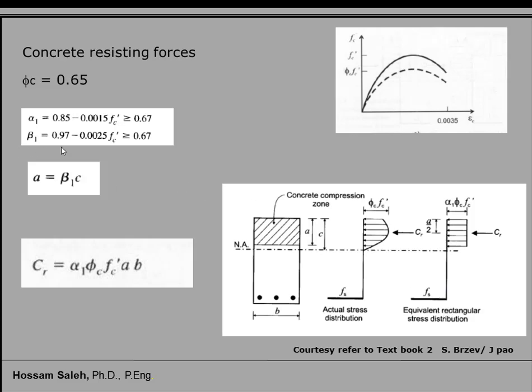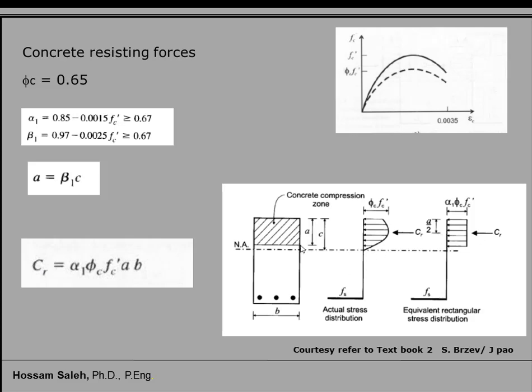Okay, so beta 1, from this equation, equals 0.97 minus 0.0025 f prime c. Most of the time for normal concrete with less than 35 Newton per millimeter square, you can use beta 1 as 0.9. Now let's go back to calculating the CR.